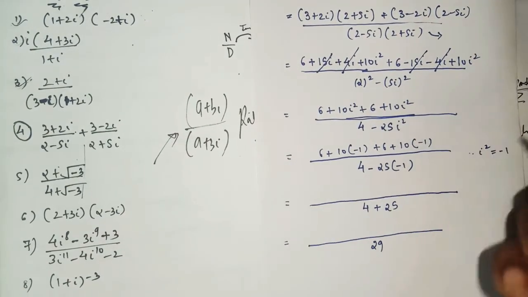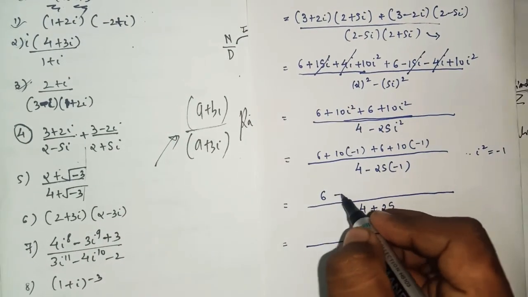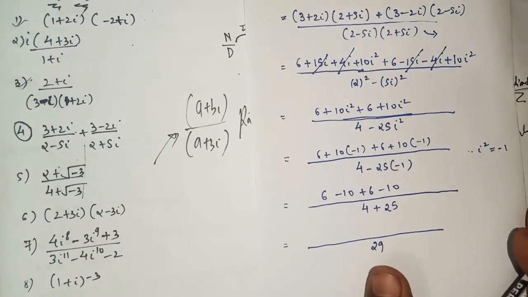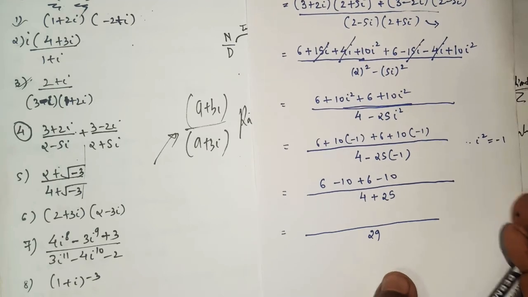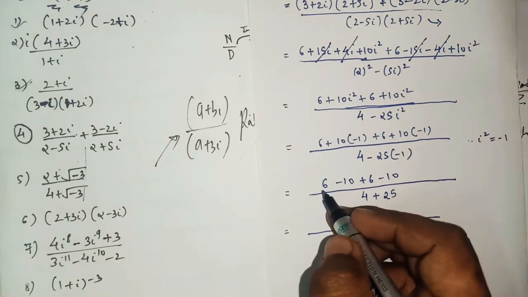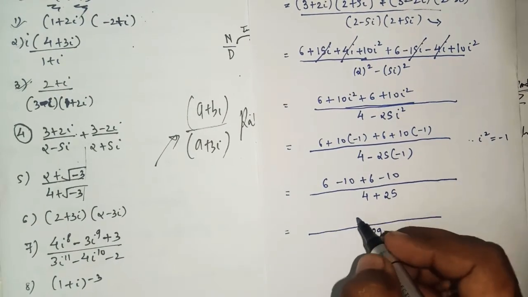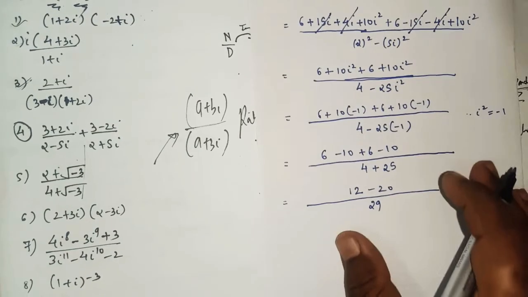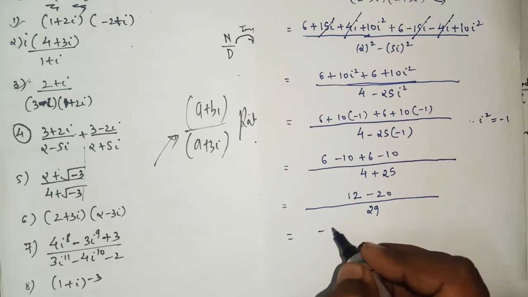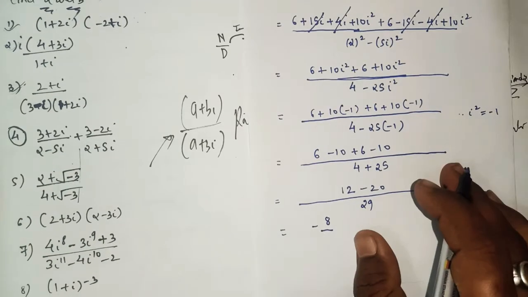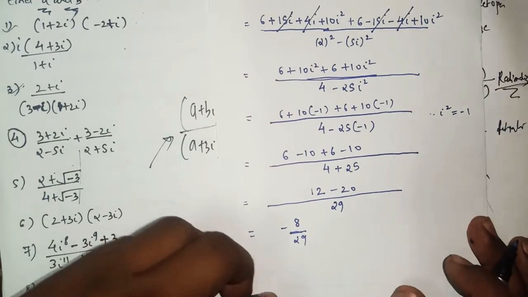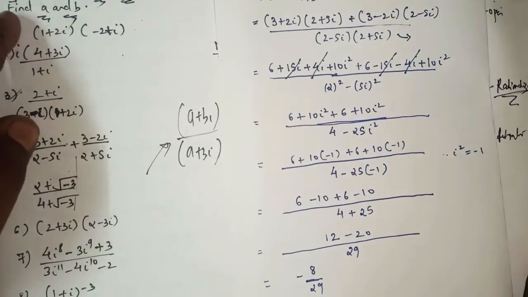Minus 1. So 6 minus 10 plus 6 minus 10. Yes or no? So here 6 plus 6 will be what? 12, minus 10 minus 10 is minus 20. So you will be left with what? Minus 8 upon 29.